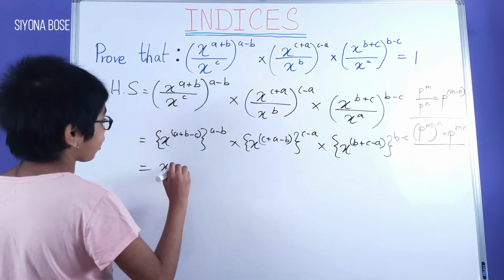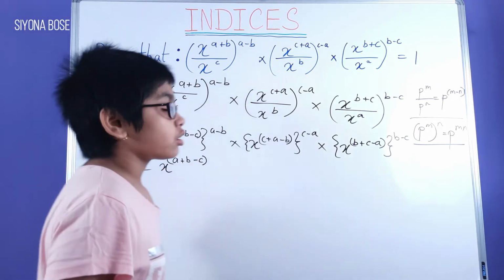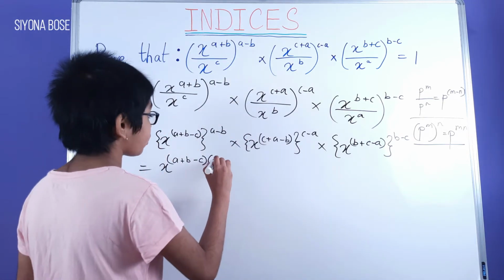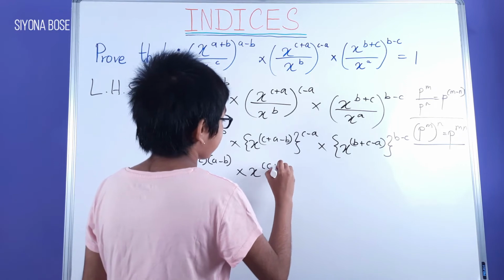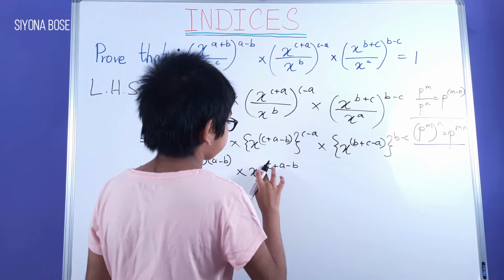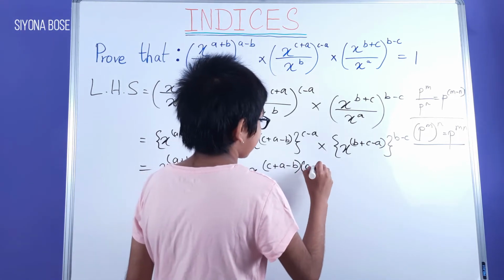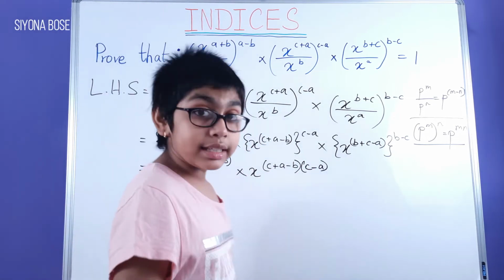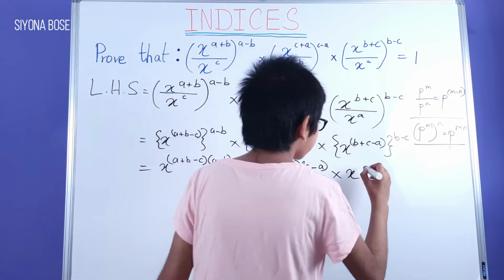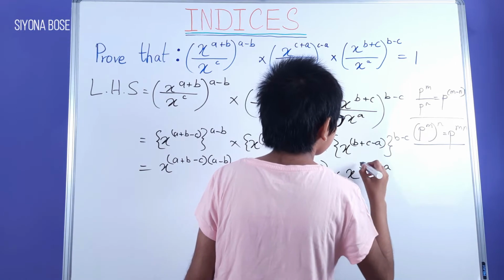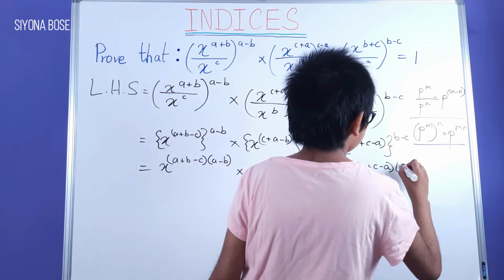Here we get x^((a+b-c)(a-b)) times x^((c+a-b)(c-a)) times x^((b+c-a)(b-c)).